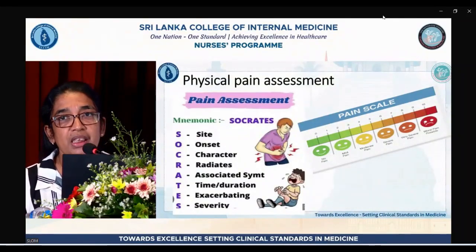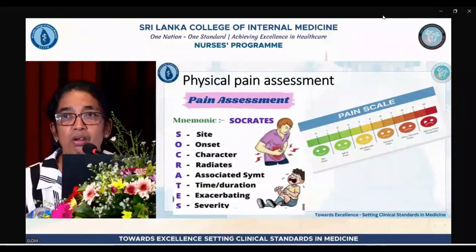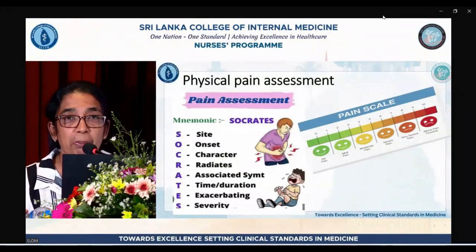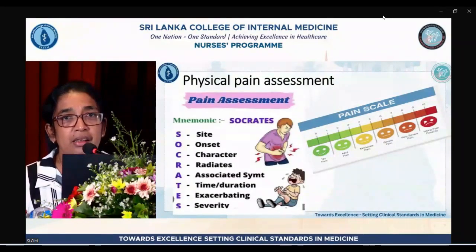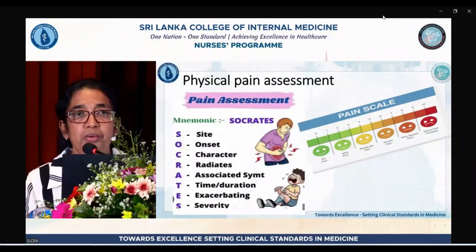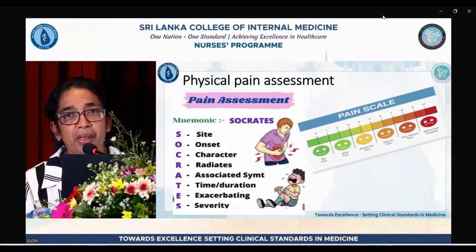So you have seen pain scales, I think you are all familiar now. Rather than just giving values like mild, moderate, severe, we use a number: 0 is no pain, and 10 is the worst pain, like untreated labor pain or myocardial infarction pain. 1, 2, 3 is something very mild, where you can do your daily work even though you are having pain.